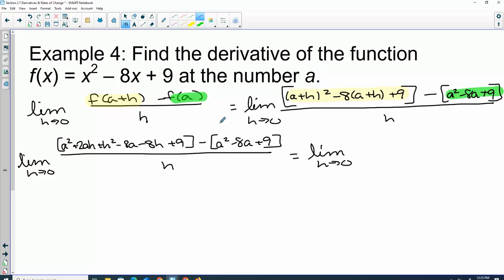Plus minus. Okay. Then a squared and negative a squared cancel. Negative 8a and positive 8a cancel. Positive 9 and negative 9 cancel. So I am left with 2ah plus h squared minus 8h divided by h. What do we do?